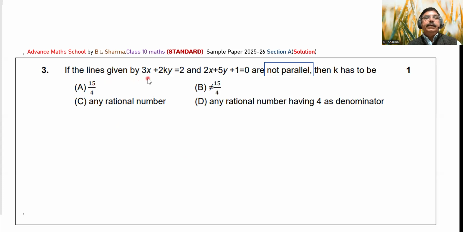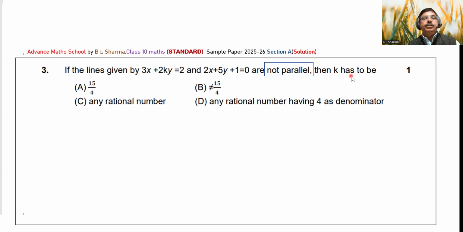If the lines 3x + 2ky = 2 and 2x + 5y + 1 = 0 are not parallel, then what is the value of k here? Students, please note, a linear equation in two variables always represents a straight line.